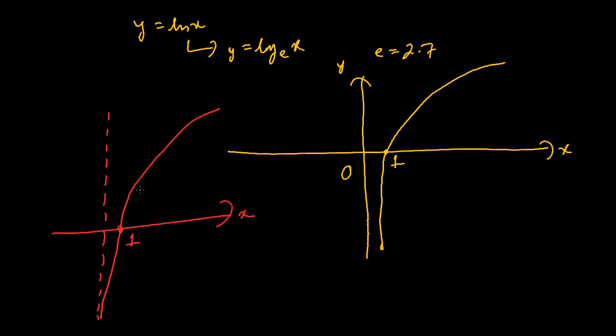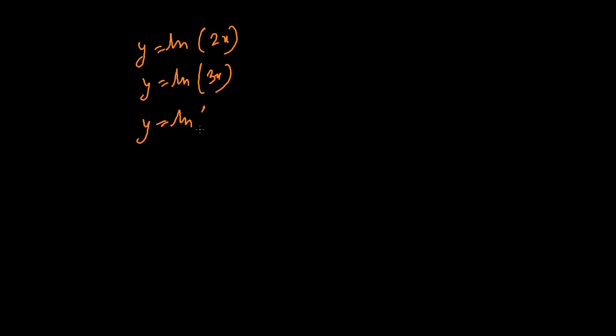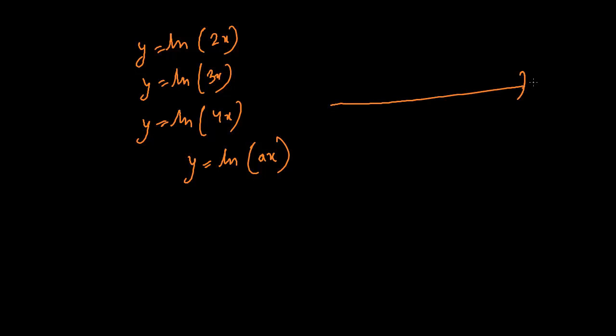So when we have any transformation with this, for example, y equals ln of 2x, y equals ln of 3x, y equals ln of 4x, basically y equals ln of a constant multiplied by x, what is happening is that the vertical asymptote would continue to be x equals 0, meaning the y-axis.